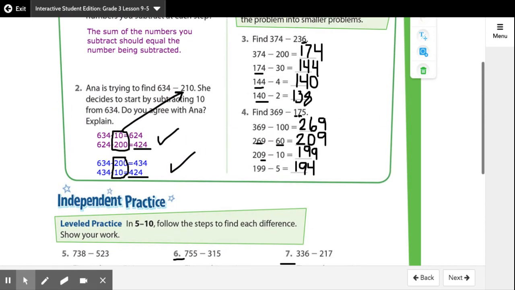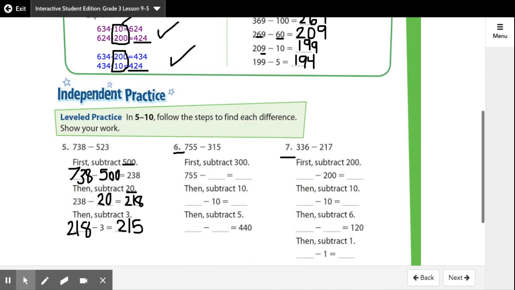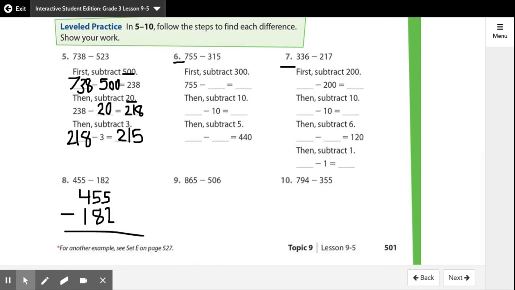I'm going to scroll back up here in case anybody needs to see this part again to finish writing down in your notebook, because you should have been following along, just like we do in class, except you're at home and I'm at home. And then I'll show you down here.